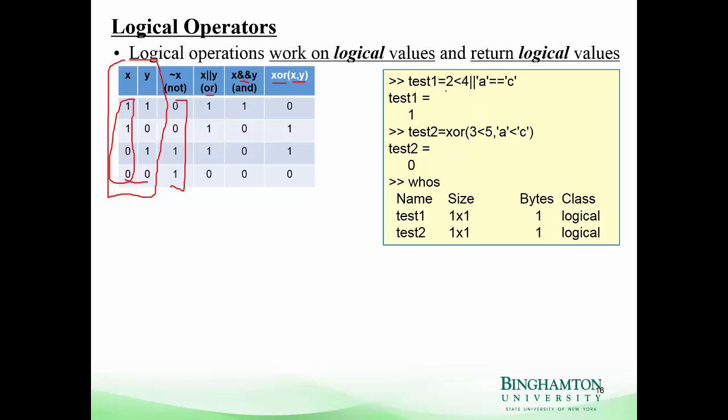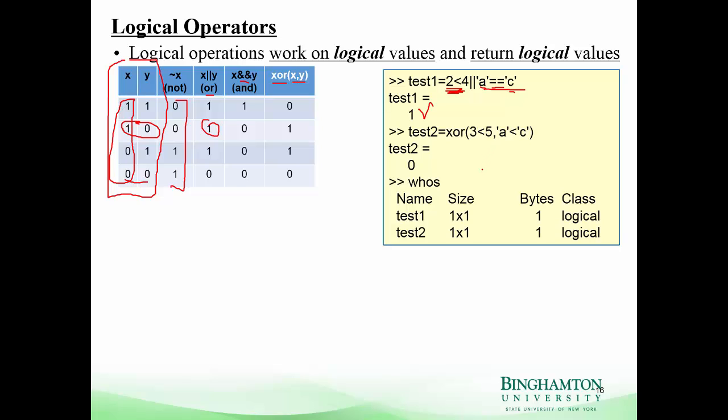And you can see over here on the right doing a little test. So I'm doing 2 less than 4 or A equals C. You can see that 2 is less than 4, so we got a 1 on that side. A is not equal to C, so we got a 0 on that side. So 1 or with 0, that would be this line there. We get a 1 as our result.